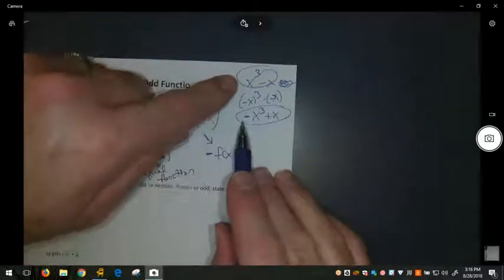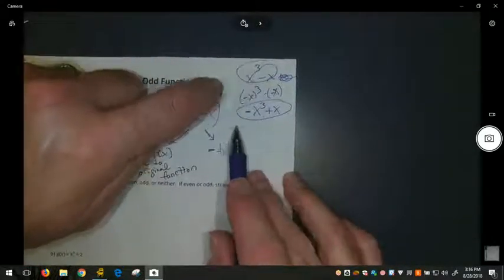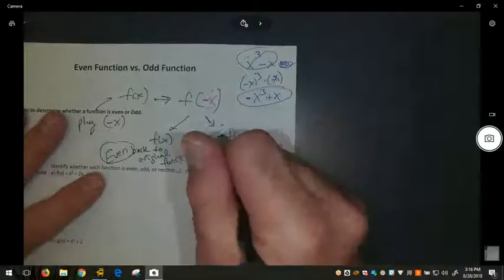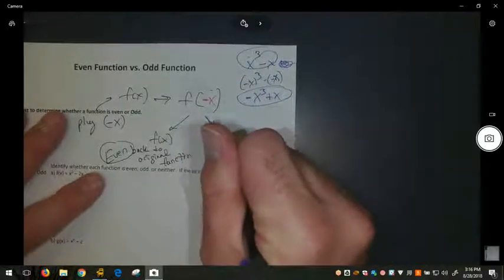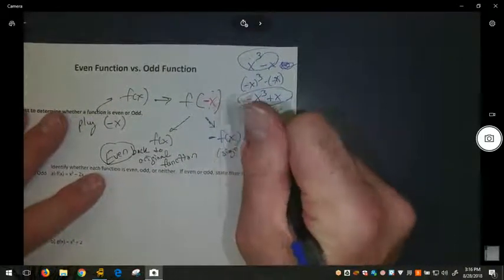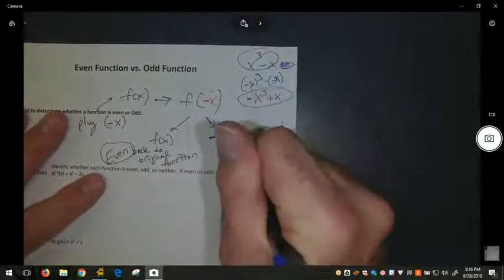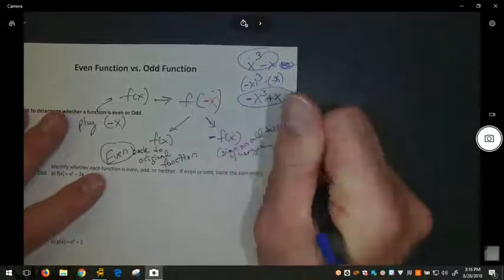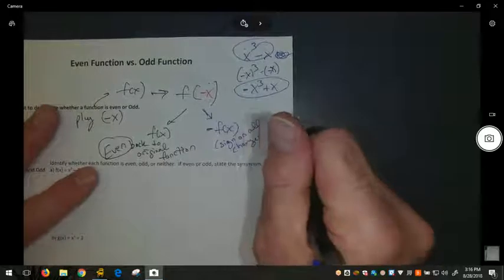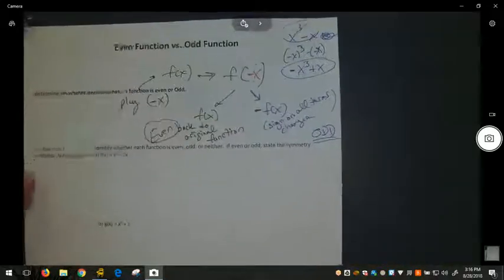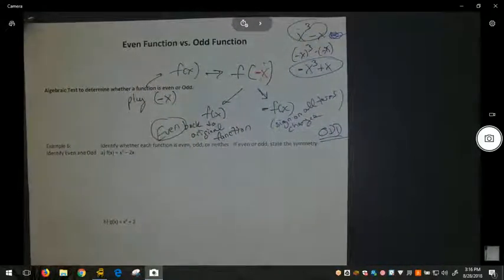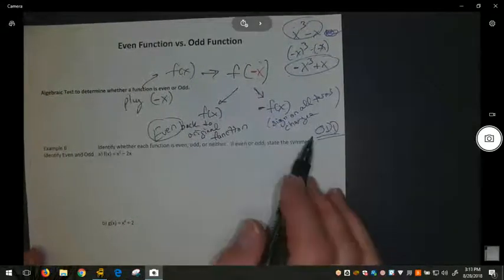The sign on each coefficient, every term, has changed. Sign on all terms changes. Then it is said to be an odd function. That is the test for whether a function is considered even or odd. Oh, by the way, it could be neither as well.